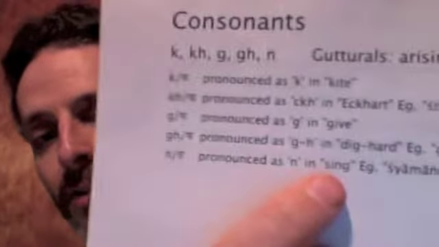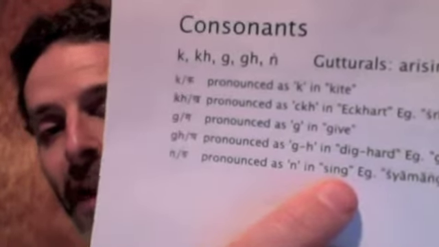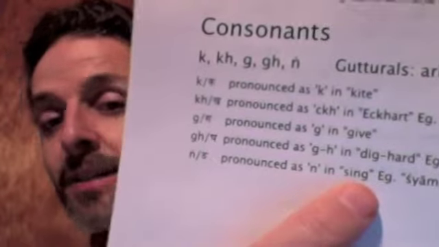So it's a new sound. And it's pronounced as the N in the English word sing. So it's from the throat, as are all of these consonants in the guttural group. They're all pronounced from the throat. So this is actually a pretty good English example. Sing, sing. So it's a nasal sound from the throat.